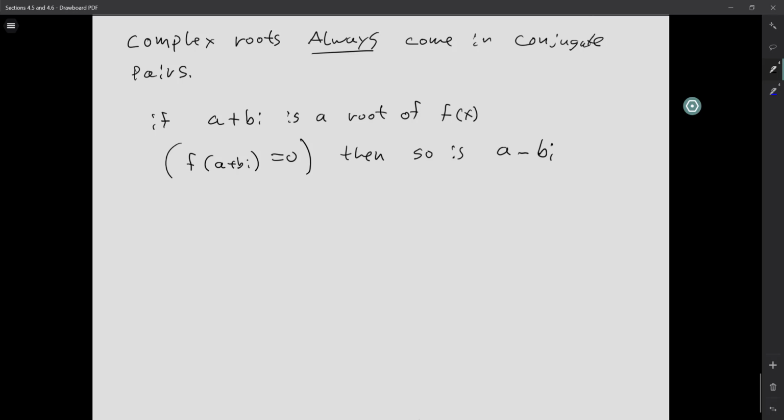So a minus bi is the conjugate of a plus bi, and vice versa.